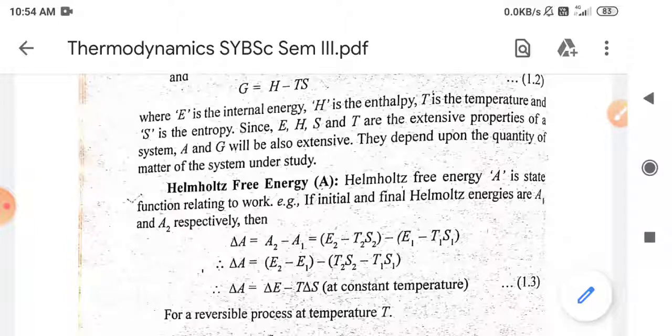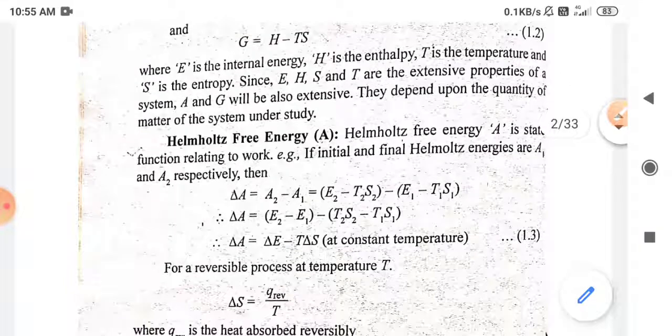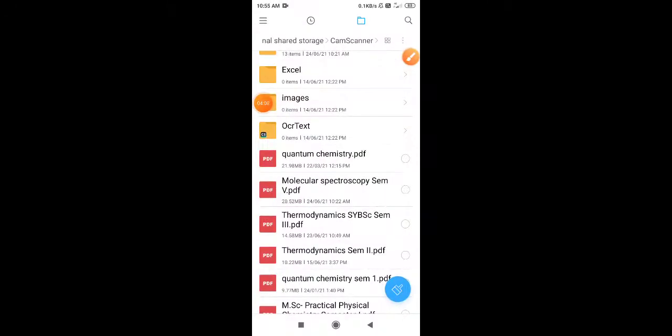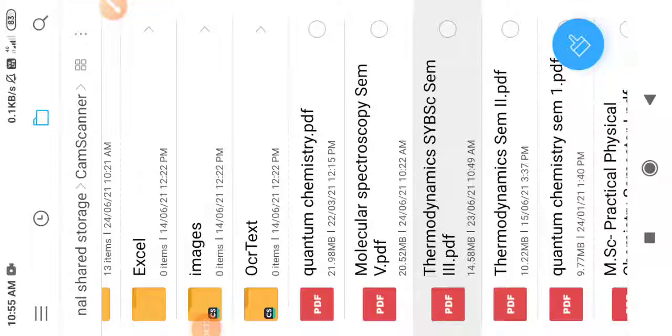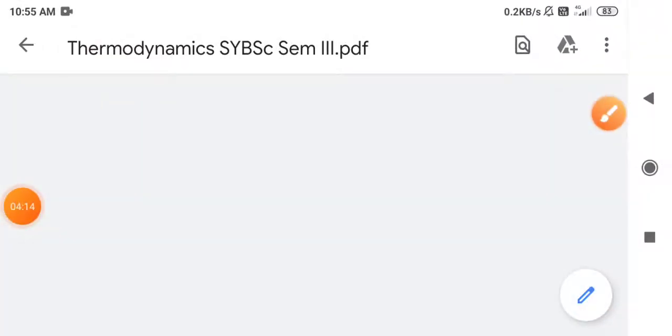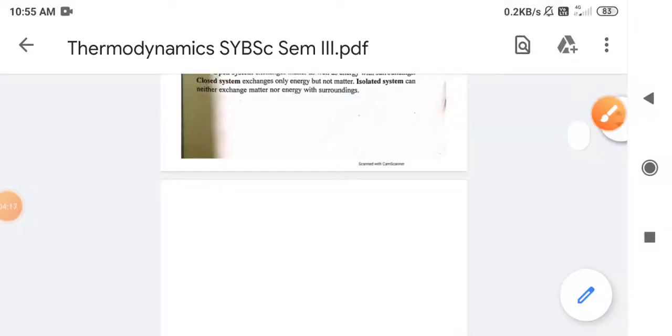We cannot have exact knowledge of the Helmholtz free energy as well as the Gibbs free energy, which means we cannot determine the Helmholtz free energy at a particular state. So we have to consider the difference in the Helmholtz free energy and Gibbs free energy.